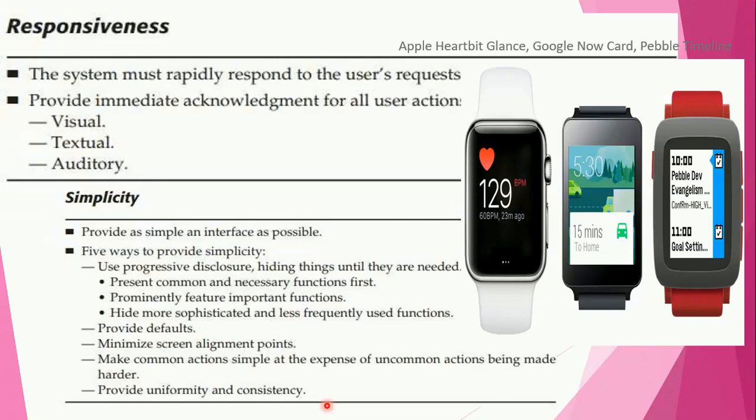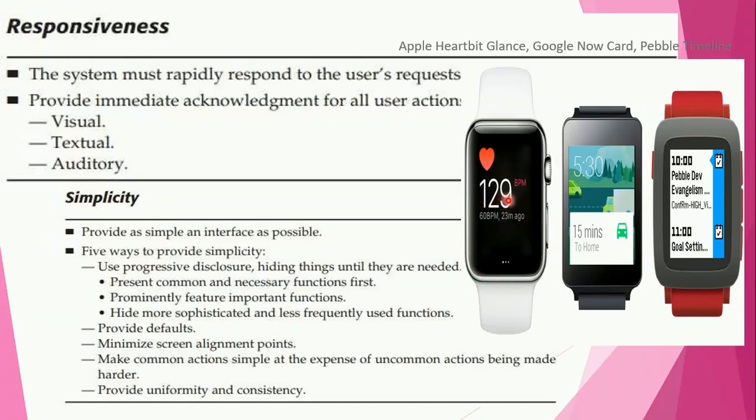So that means, see for example here, the graphical user interface is made simple for the user. If you see here, the first one is the Apple smartwatch. It shows a very simple graphical user interface. It shows 23 minutes to go, something like this.